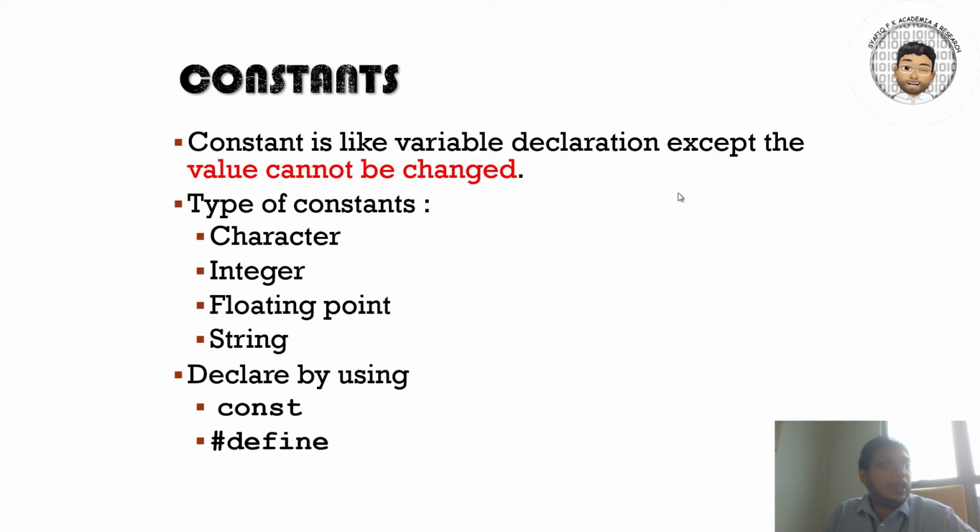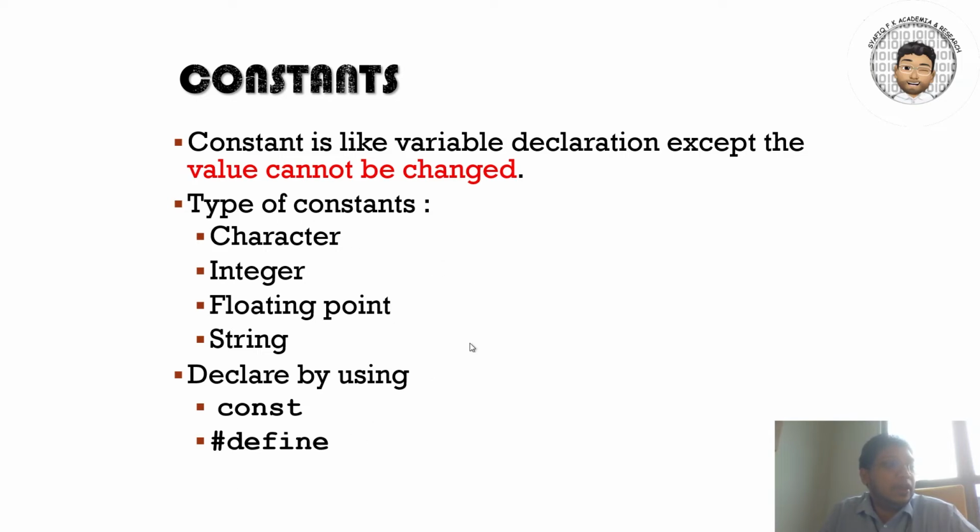And then next we have constants. A constant is like a variable declaration, except the value cannot be changed. For example, if you use character, integer, floating point, string, sometimes you can change it. For example, you create a equals 0, a equals a plus 1, a is now equal to 1. So those kinds of variables can be changed.